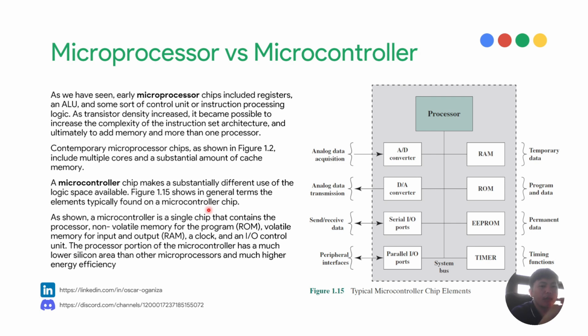As shown, a microcontroller is a single chip that contains the processor, non-volatile memory for the program, or ROM, volatile memory for input and output, yung RAM, tinatawag na random access memory, a clock, and an I/O control unit. The processor portion of the microcontroller has much lower silicon area than other microprocessors and much higher energy efficiency.